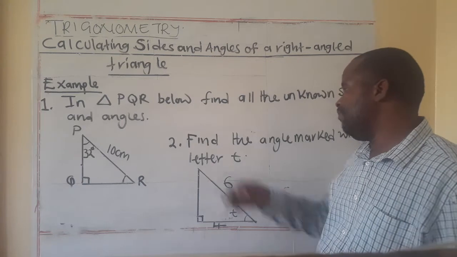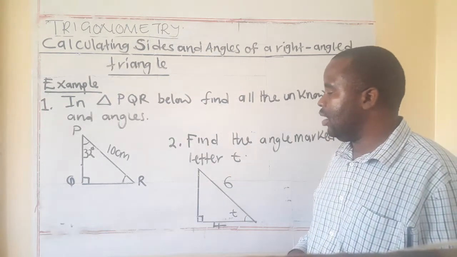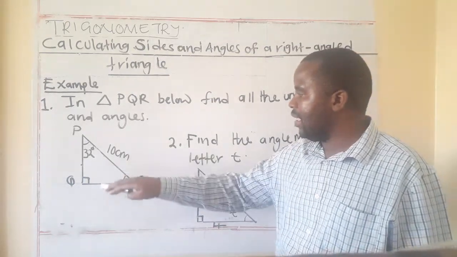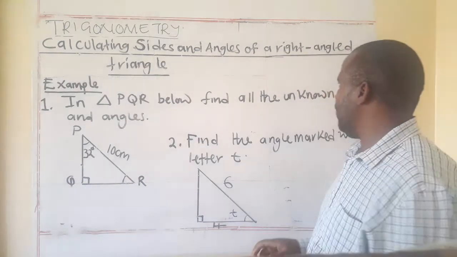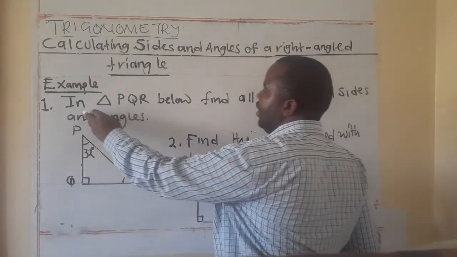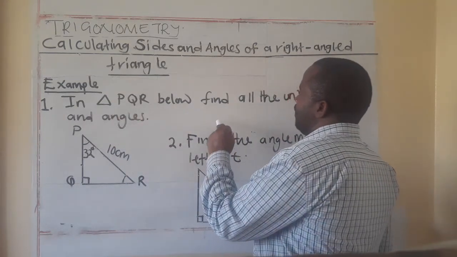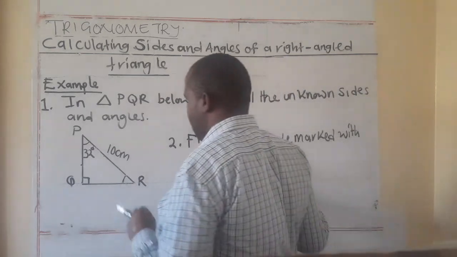So with me here, I've got two examples, okay? So I'll try to explain at length how we can find the sides and the angles of this triangle, as well as this one. So in the first question, we are saying in triangle PQR, find all the unknown sides and angles, meaning that here we only have one side.